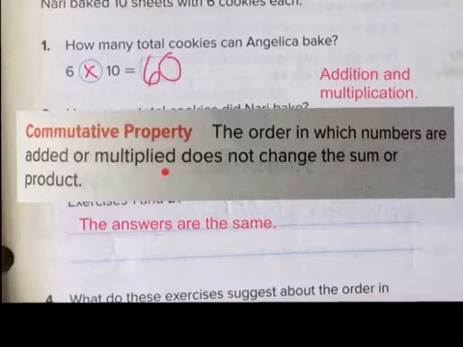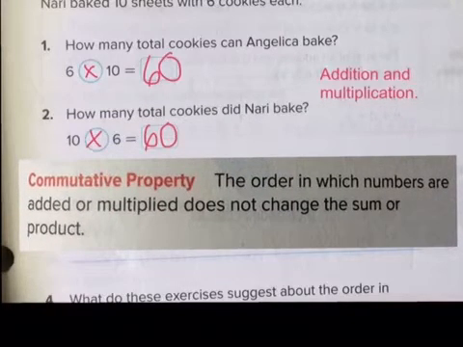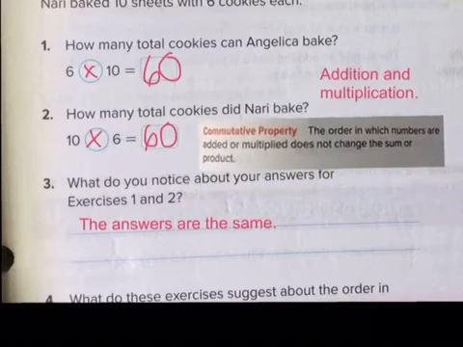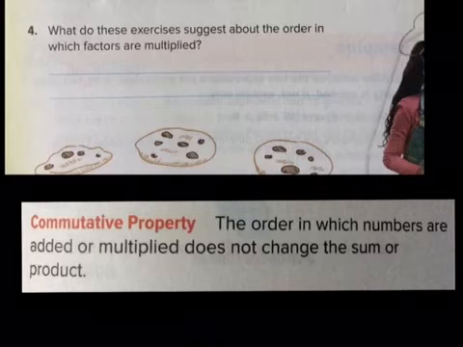So if you change the order of your multiplication, such as 10 times 6 or 6 times 10, it doesn't change. Or when you add, let's say 6 plus 10, you get 16, or 10 plus 6, you still get 16. This is an important key answer that I want you to copy down right there. Commutative property.